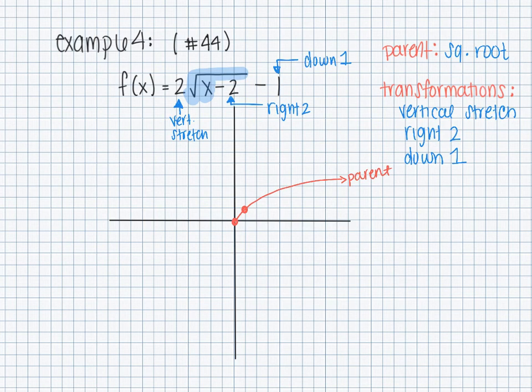The 0 is not going to change. This point is going to get stretched up by a factor of 2, so instead of 1, I multiplied it by 2 and it became a 2. Then all these points are going to move to the right 2, put a dot, and right 2, put a dot.